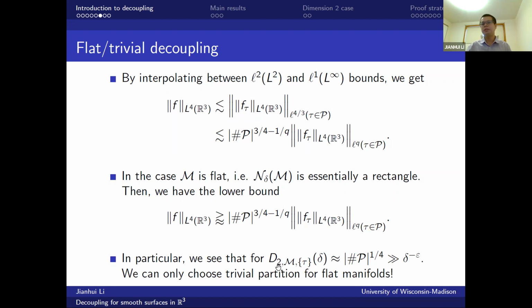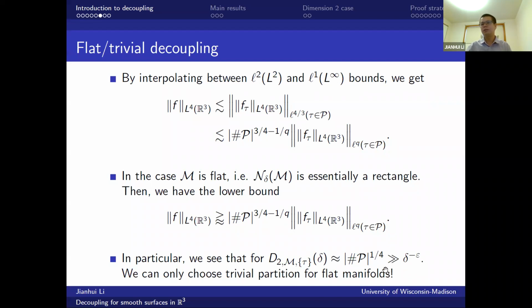Because when it is little L2, you remember you don't want any factors. The only admissible factor before the decoupling is delta to the negative epsilon. Okay, this is a lot larger than that. Like this is when you put q equals 2, this is like that. So unless the number of partitions is very small, if it is that small, you can use the triangle inequality to get the estimate you want.